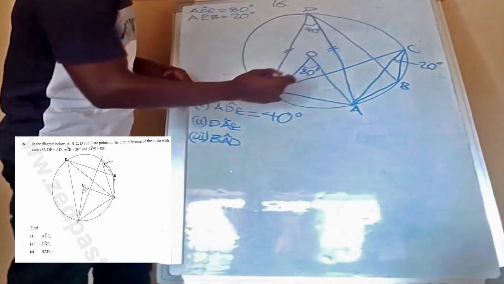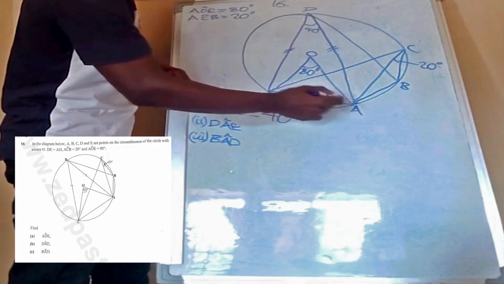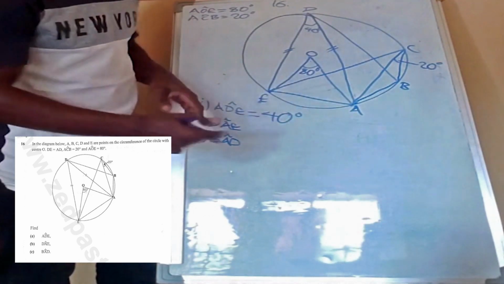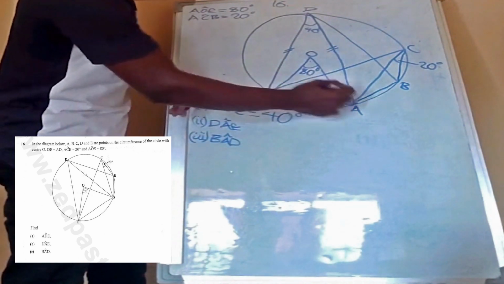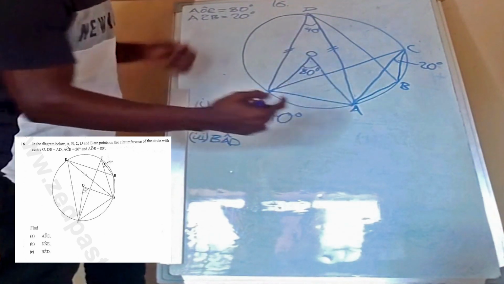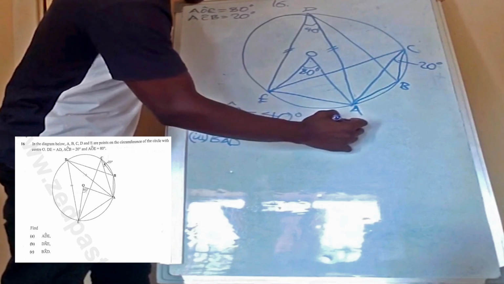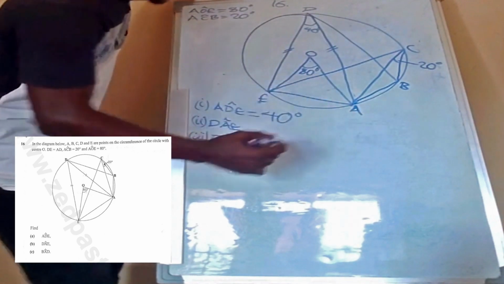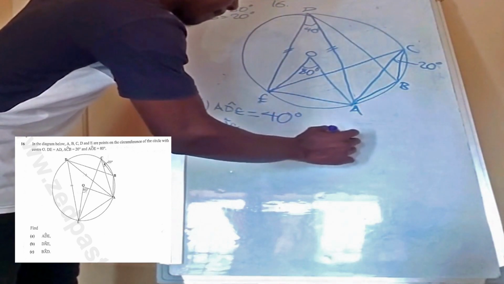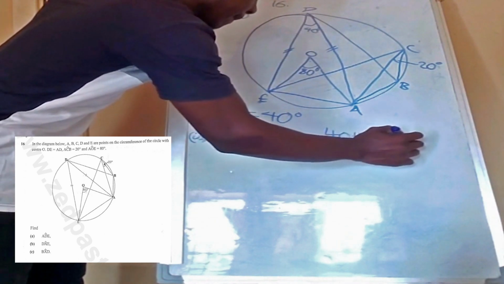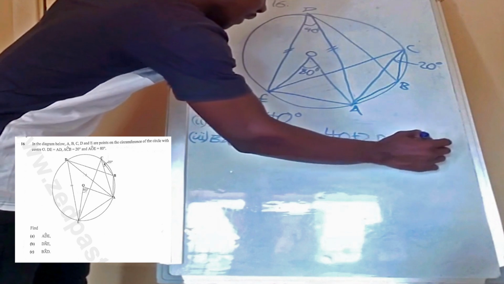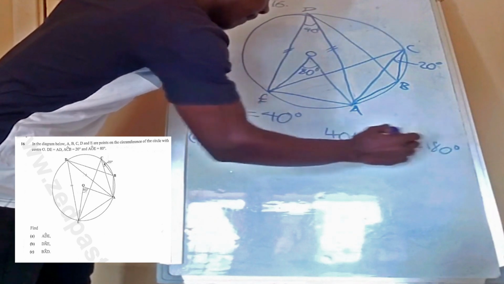So 40 plus DEA plus DAE is equal to 180. But you know that this angle and that angle are the same, so you can just say 2 times DAE. So you can say 40 plus 2 times DAE equals 180 degrees.